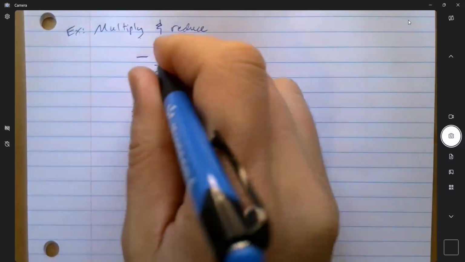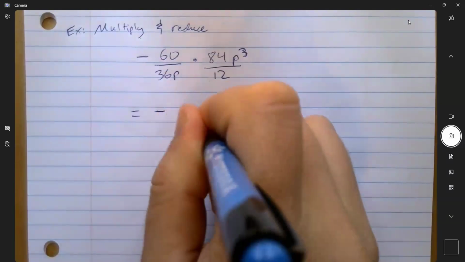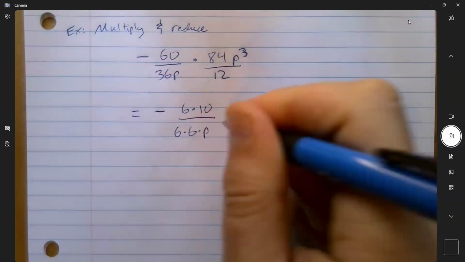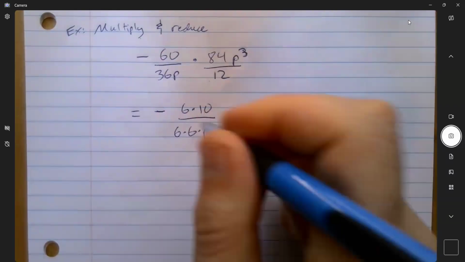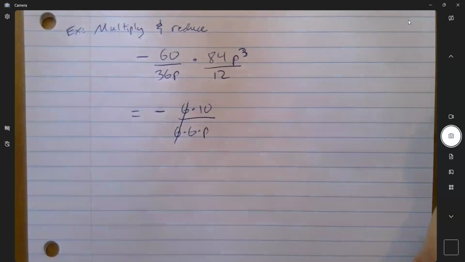So for example, I know 60 is 6 times 10, and I know 36 is 6 times 6. So now the 6's cancel, and I made my job a little easier.